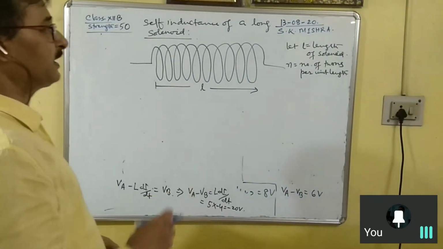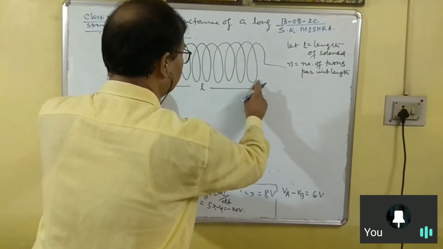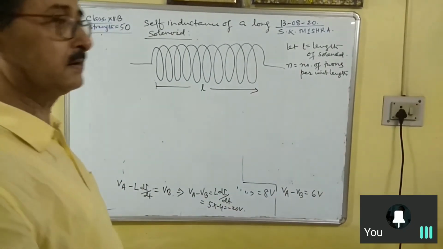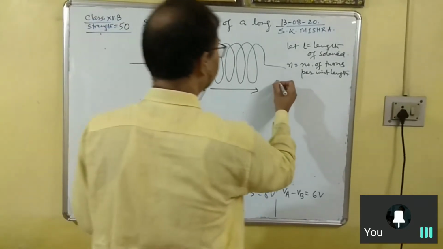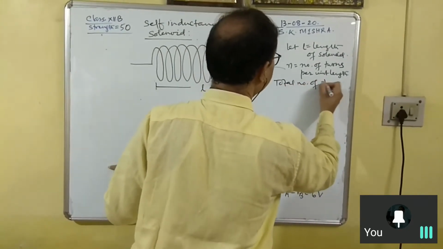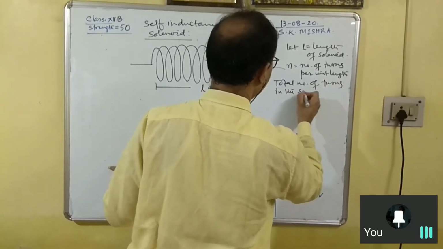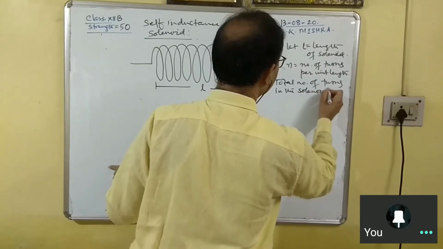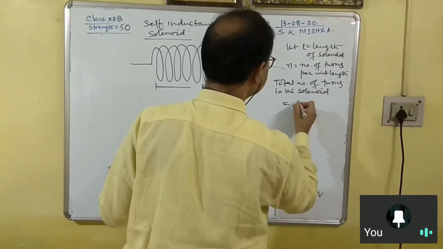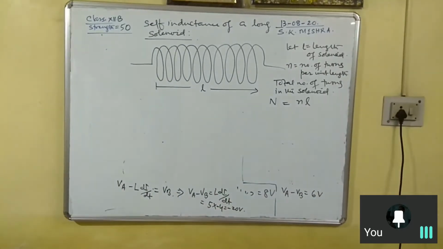If n is the number of turns per unit length, can you tell me what is the total number of turns in the solenoid if it has a length L? Therefore the total number of turns in the solenoid of given length L is equal to n into L. Say this is capital N into L.